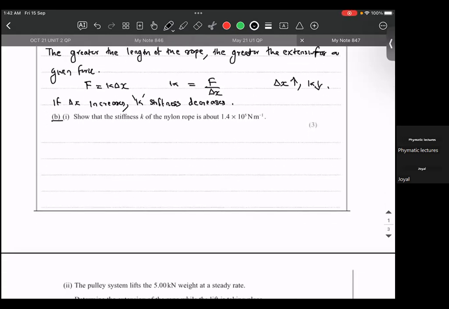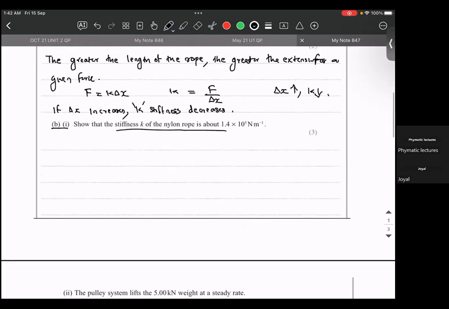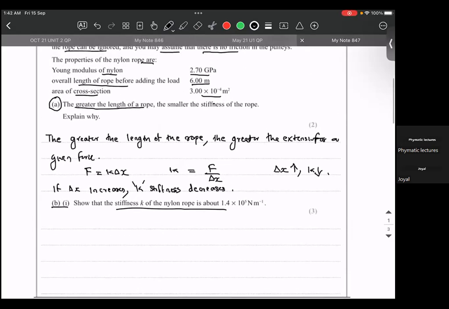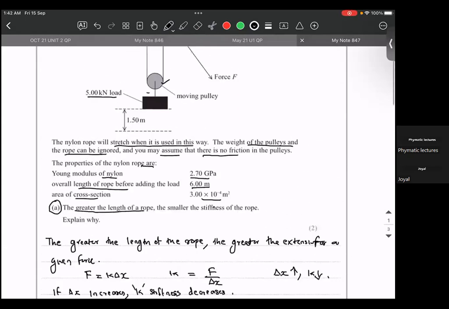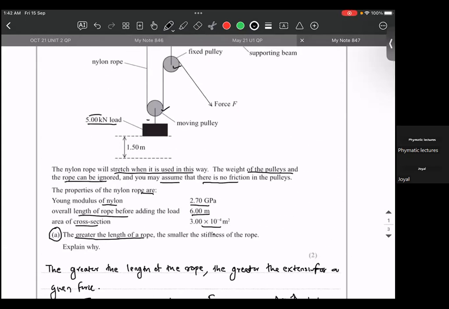So move to the B part of this question. Show that the stiffness of the nylon rope is about 1.4 times 10 to the power of 5 Newton per meter. Okay, so here the load is being applied. That is 5 kilonewton.